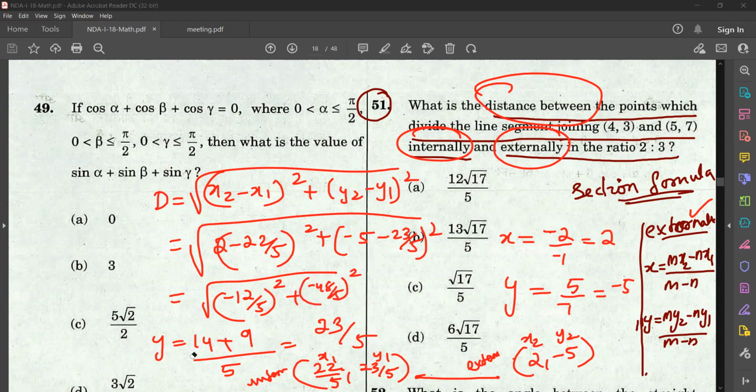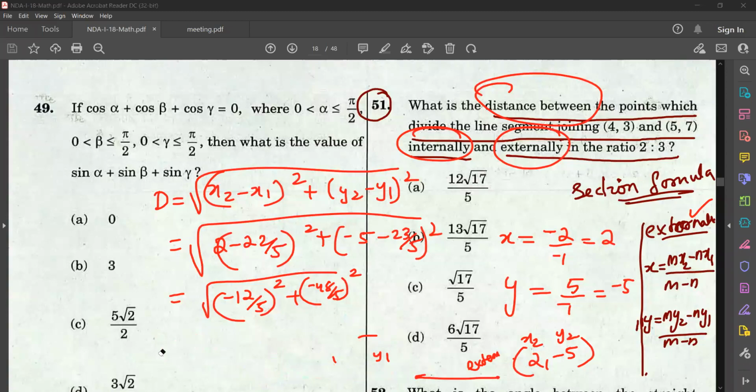Once solving, you will be getting the answer as 12 root 17 by 5. That is option A, 12 root 17 by 5.